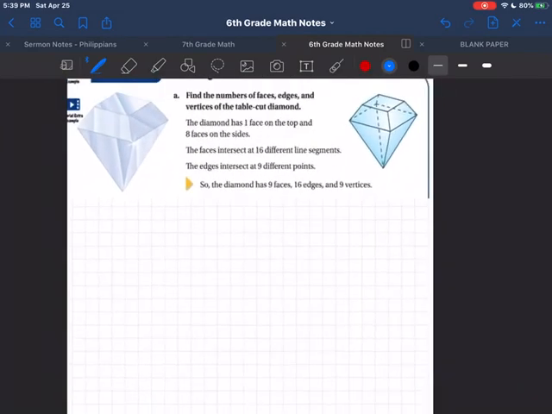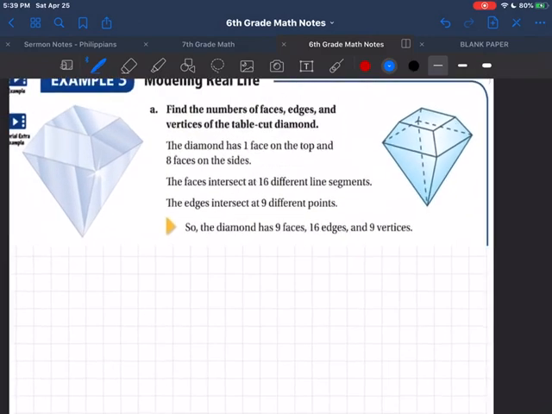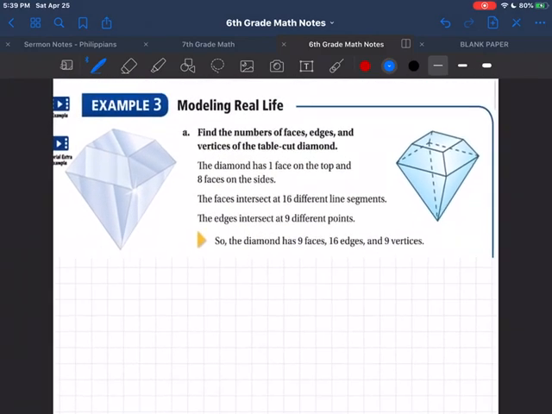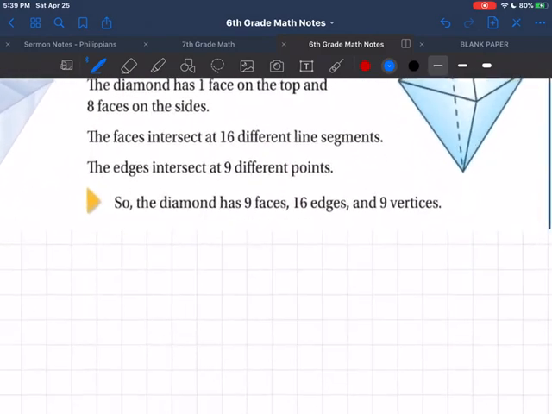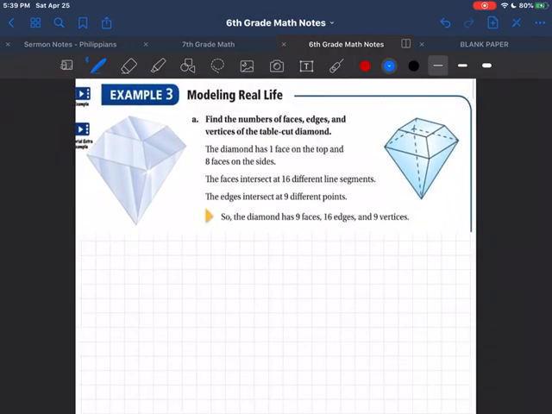Fun stuff. All right. So now on this one, and I went ahead and left this stuff on here, I don't want to take a bunch of time on this. Find the number of faces, edges, and vertices of this diamond. So we've kind of drawn the diamond. We've put our dotted lines where they're supposed to go. So it has this top face, that's one. It's got this back face, this face, this face, and this face.